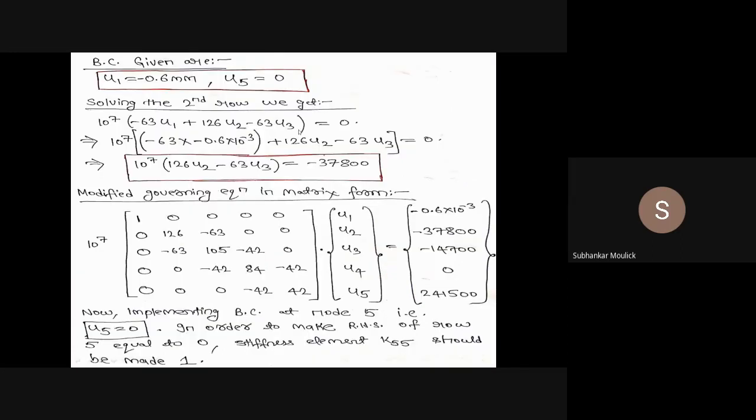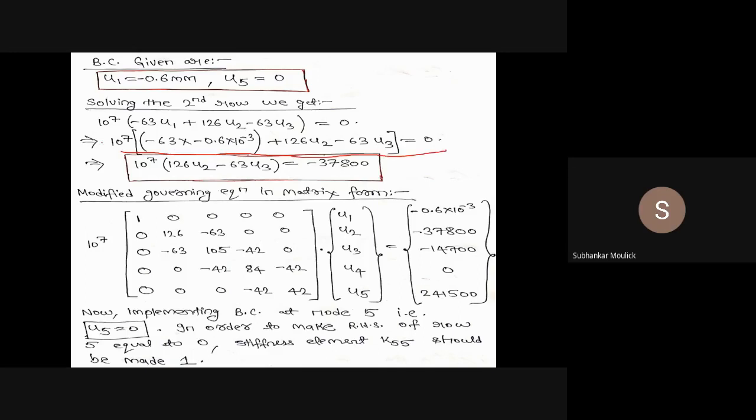Now this expression is only valid when u1 is how much? u1 is minus 0.6 mm. So in place of u1, I substitute minus 0.6 into 10 to the power minus 3. Then the resulting equation is nothing but this equation.